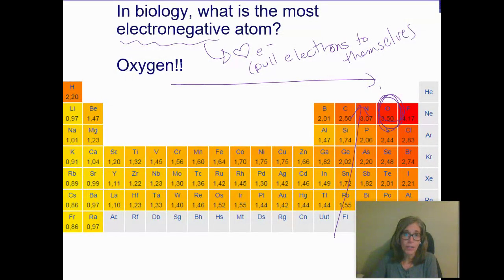And for biology, oxygen is the most electronegative atom that we see a lot in biology. So coolio, right? There's others like fluorine is a little bit more, but these numbers here are electronegativity, and oxygen is the most electronegative atom except for one. And it's biologically active, like we use it a lot.